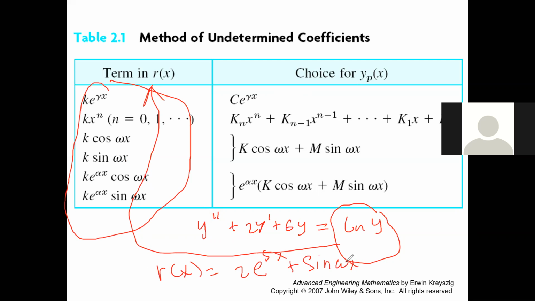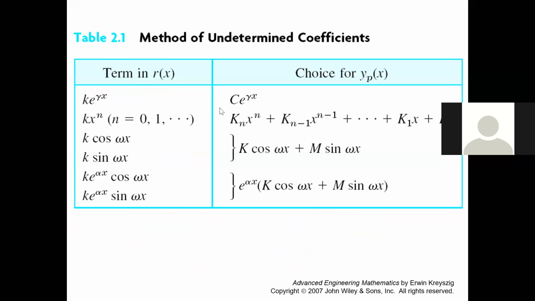You can still do that. Sorry, this should be ln x, because Rx is a function of x. So that's one of the drawbacks of this method. You have to have Rx listed on the table, and you also have to have constant coefficients on this one. Okay, very good. So let's continue.